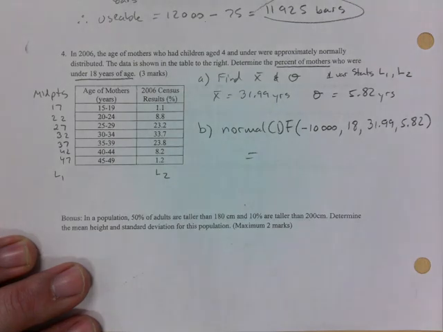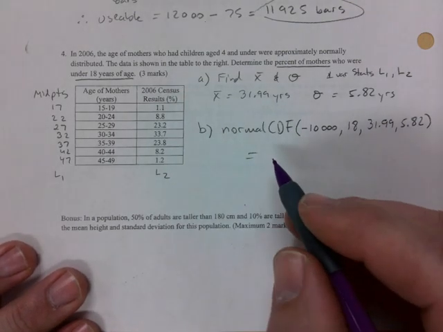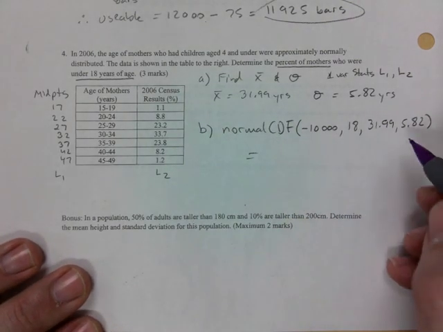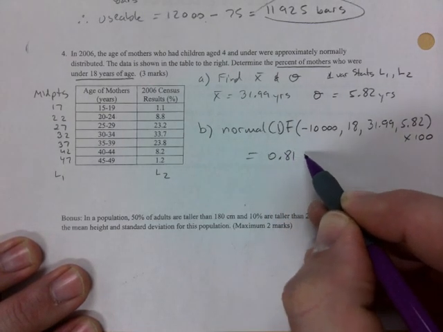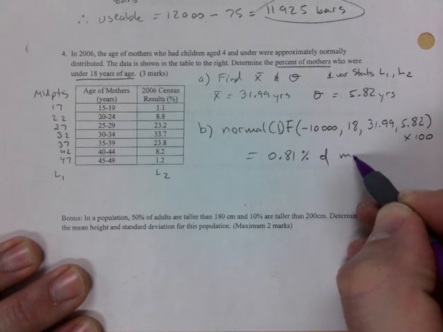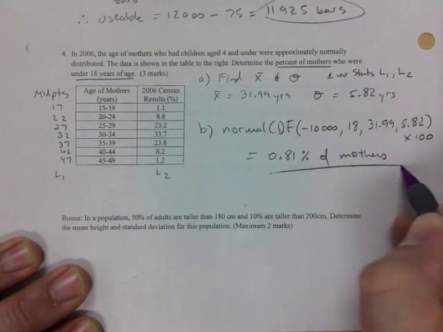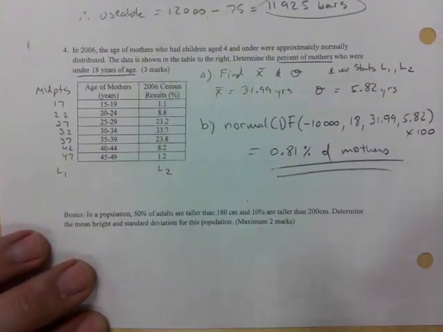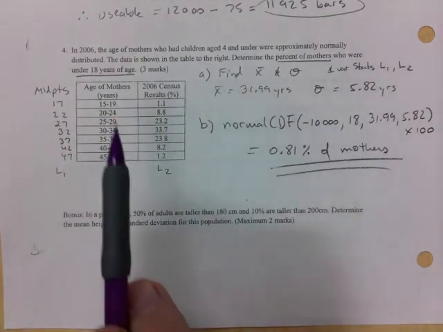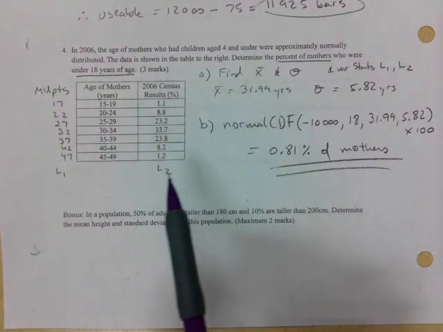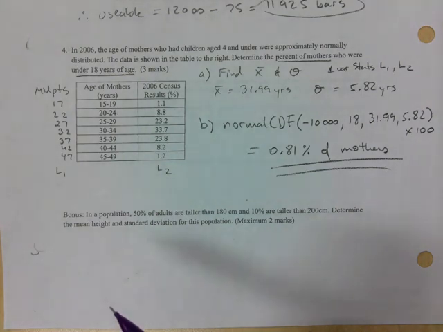Right? And so what do we get? We get, times 100, sorry. We get 0.81% of mothers. Okay. So yeah, a lot of pieces going on here. Normally it would have been probably more guided like that.